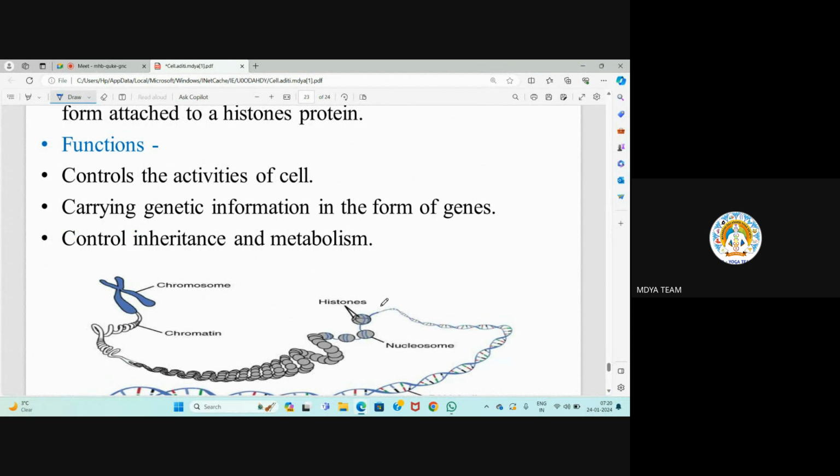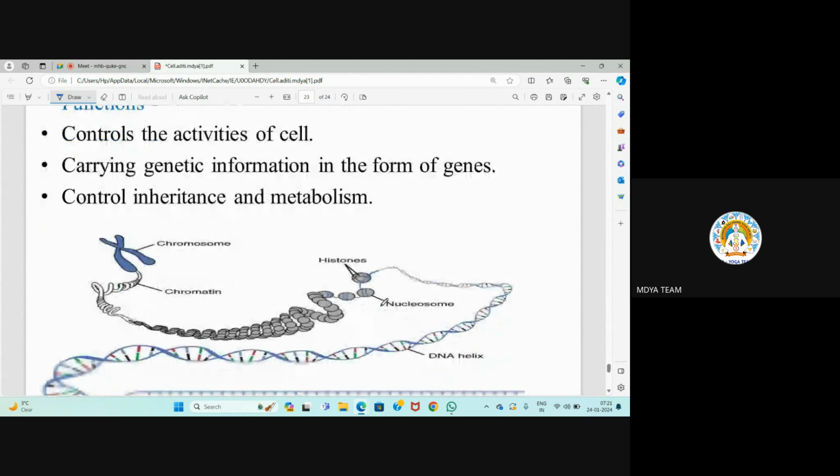Now, what are the functions? Controls the activities of the cell. So we are learning the functions of which part? Chromatin, ma'am. Yes, good. Chromatin controls the activities of the cell, carries genetic information in the form of genes, and controls inheritance and metabolism.